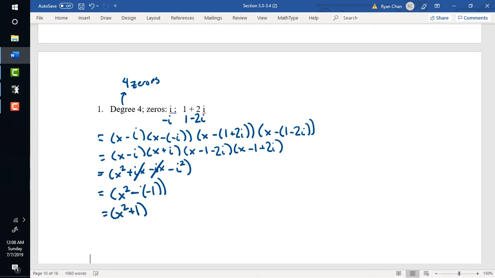When I distribute my x's, this is going to be the following. It'll be x squared minus x plus 2ix minus x plus 1 minus 2i. And I have minus 2ix plus 2i minus 4i squared. So this cancels.